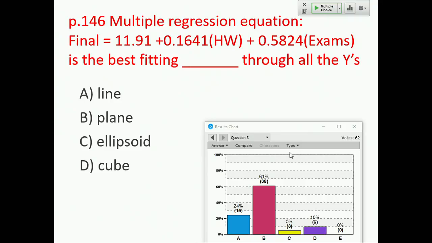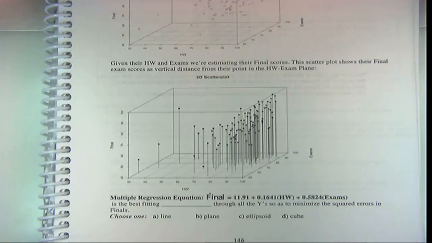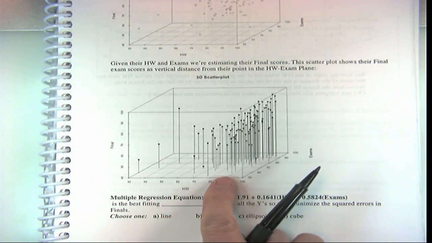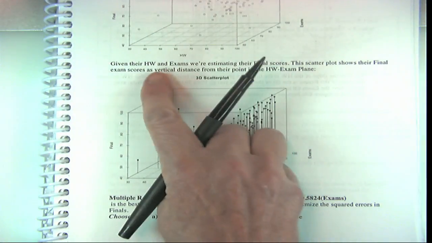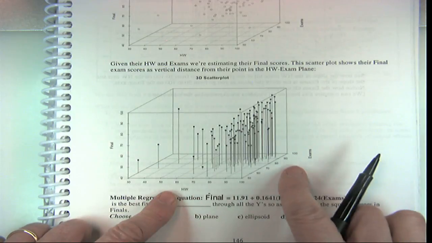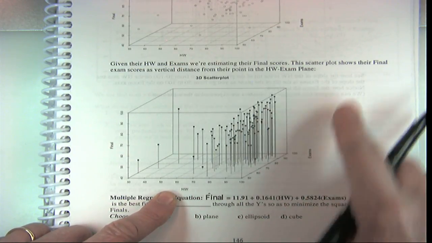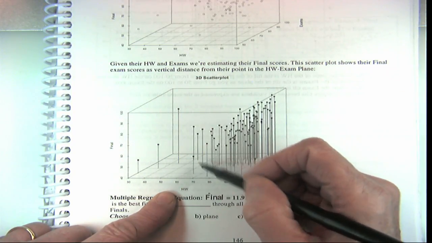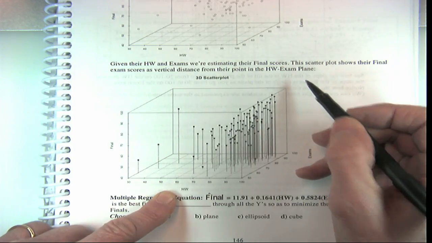Great. Now let's go back to the document camera for a minute. And what this is showing, look at this. Given people's homework and exam scores, we're estimating their final scores. So the scatter plot shows the final exam scores as a distance from their point in the homework exam plane.